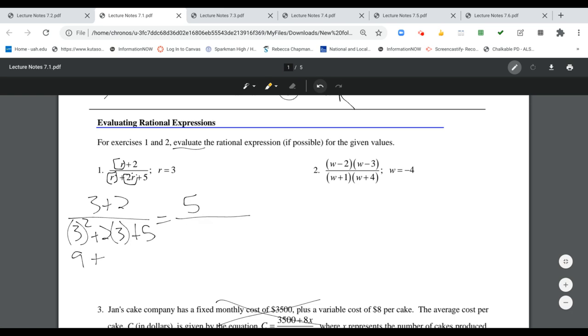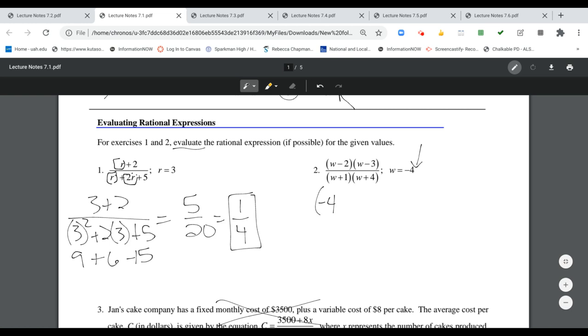Then I have 9 plus 6 plus 5 in the denominator, which is 20. And that does reduce to 1/4. So 1/4 would be the answer once we plugged in r equals 3. So in our second example, the value they give us is -4.